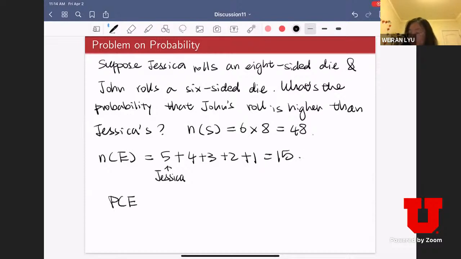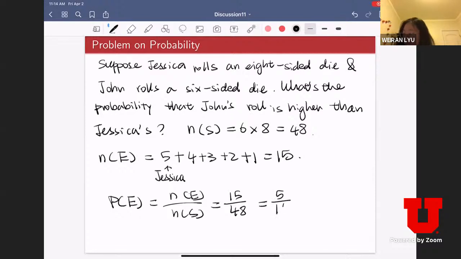So now we should have the probability as N of E over N of S, which is 15 over 48. And if you simplify that, that's 5 over 16. Any questions on this one?